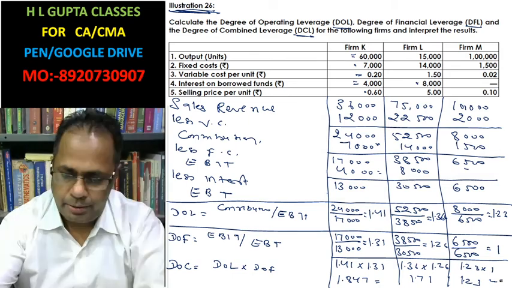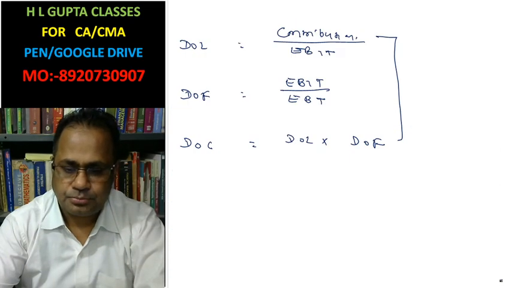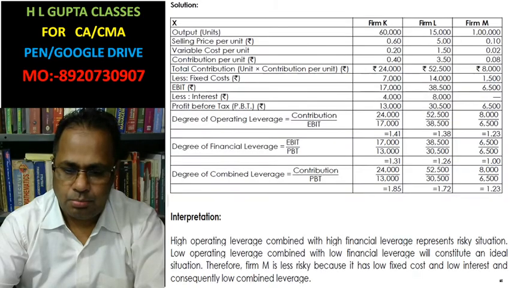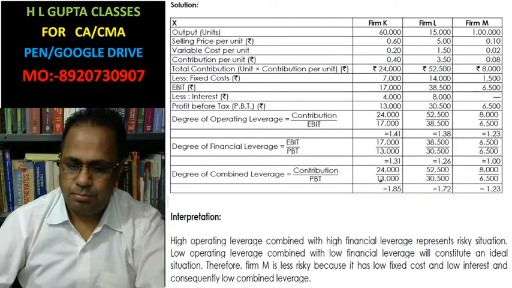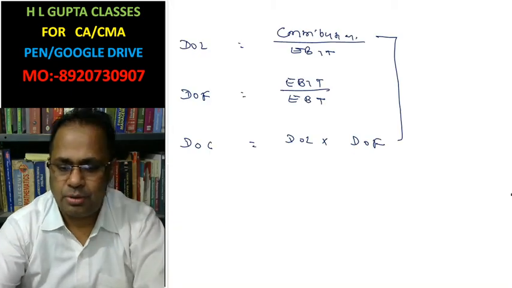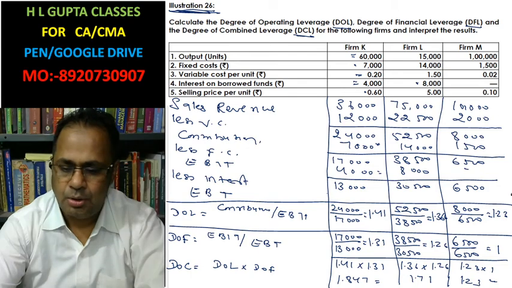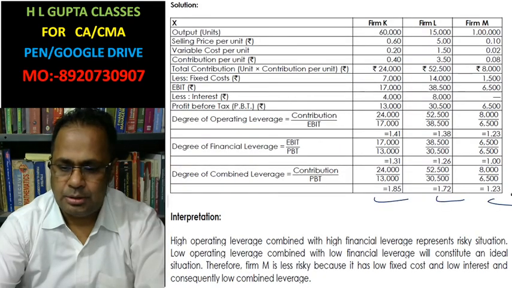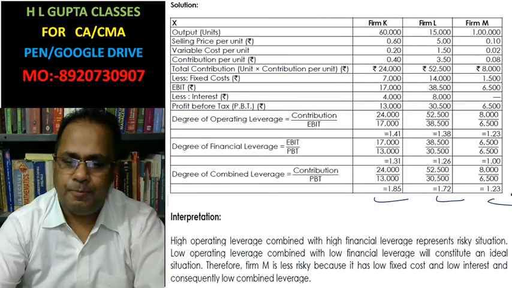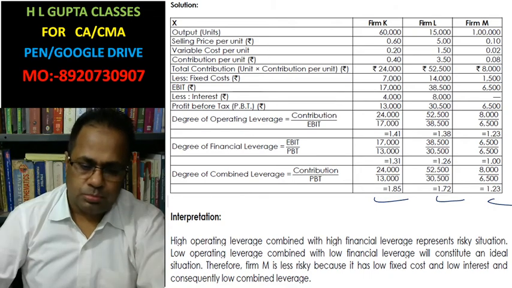Now look here. We have calculated the same answers: 1.847, 1.71, 1.23. This is the answer. Now, what is the interpretation?